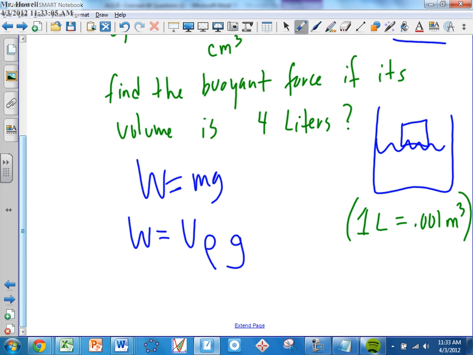You have it in your calculator also if you want to check. So if 1 liter is this much, then 4 liters will be 0.004. So we're going to start with 0.004 meters cubed. Now, I'm not looking at the water, right? I'm looking for the mass of the object, so I can find the weight of the object. So what is the rho that I'm going to use here?